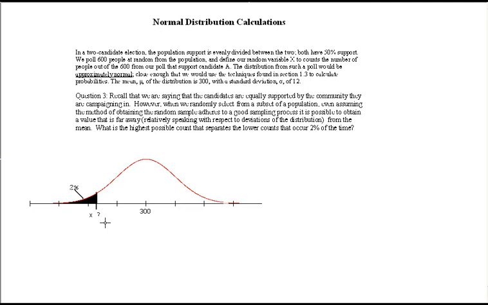Now the trick here is this: I don't know what this value is, but what do I know? I know my distribution is normal. I know the frequency. Therefore, I should be able to maybe find its z-score.